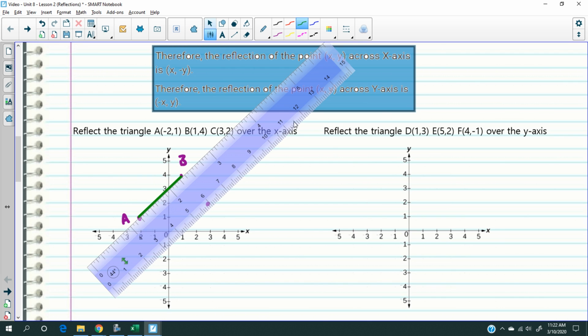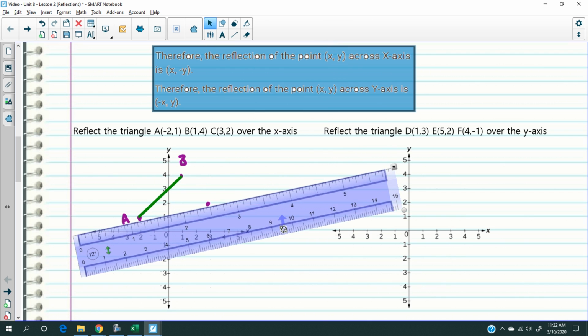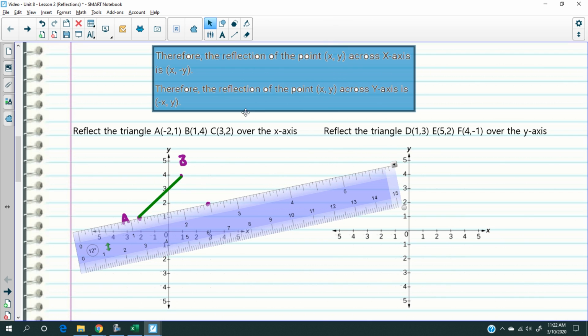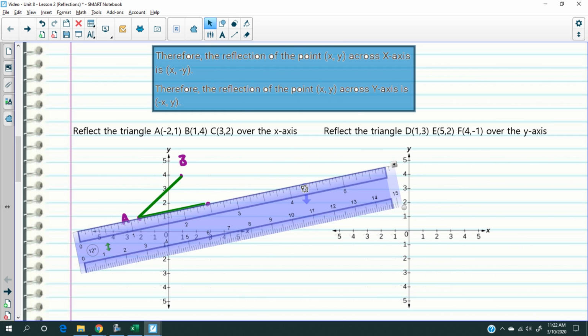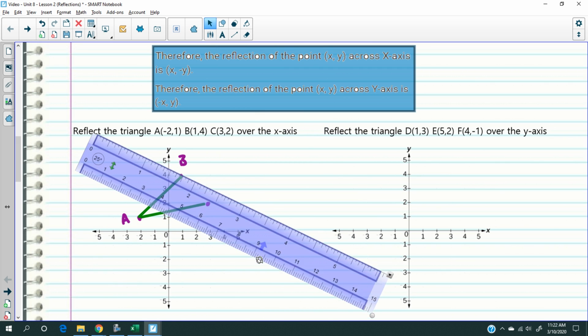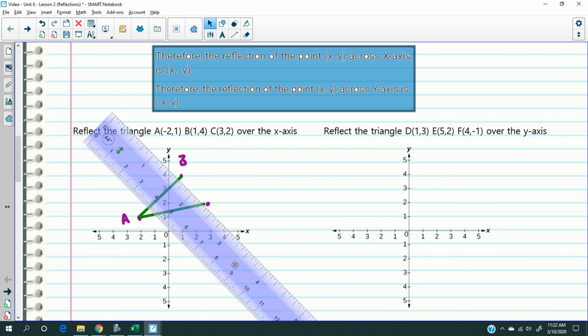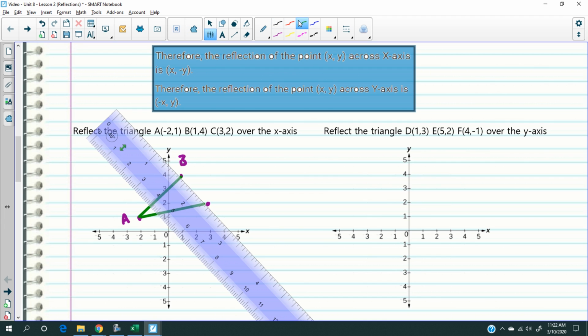Let me connect the third side. So here we have triangle ABC.